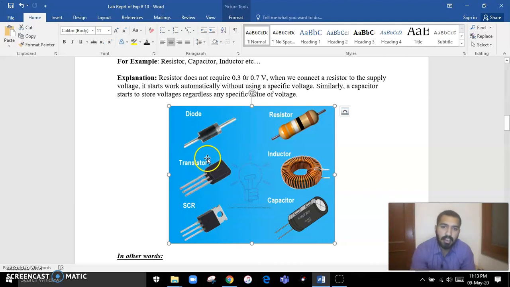There also exist active components that have two legs, like this diode, and the diode's functionality also works like a transistor, but this diode depends on a specific voltage, while a resistor doesn't depend on any specific voltage. So in physical terms, the difference is that a transistor, an SCR or other active components can have more than two legs, while passive components will only have two legs.